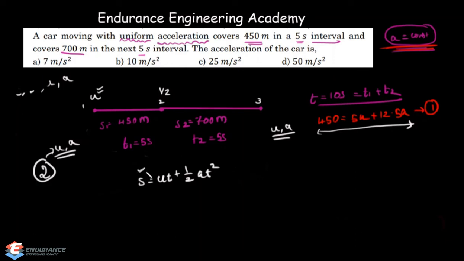Now I'm going to take the distance from 1 until 3, the total distance. If I take the total distance, it is 450 plus 700, which is 1150, which is equal to, what is the initial velocity? Initial velocity is u only, right?